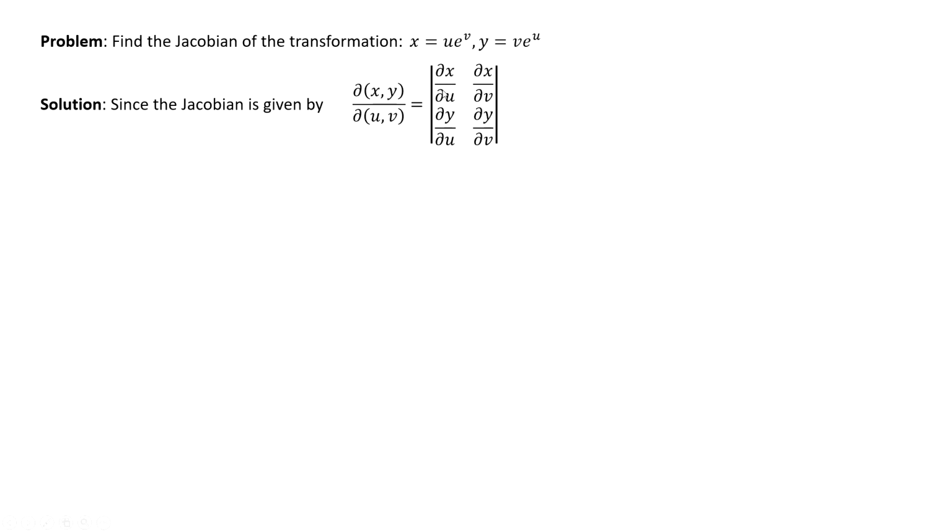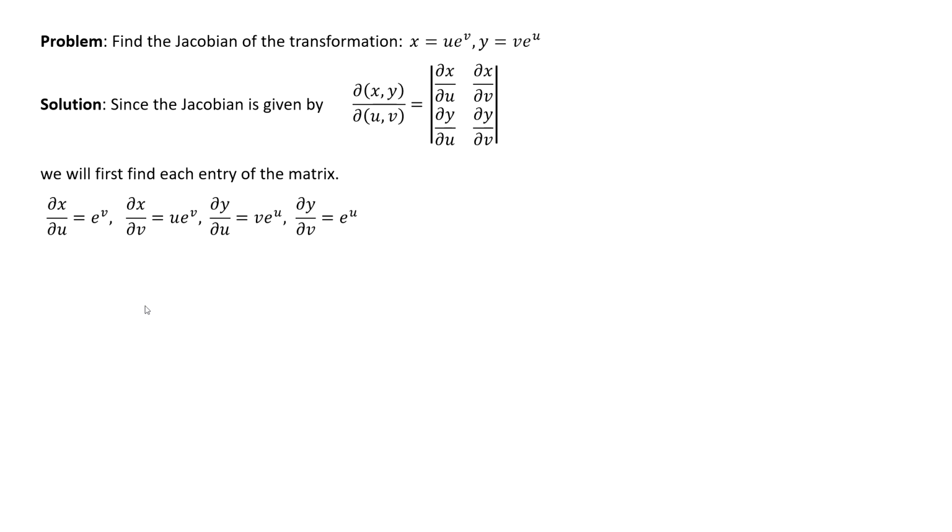So partial x with respect to u is just e to the v. Partial x with respect to v, treat u as a constant. So u times the derivative of e to the v is just e to the v. So partial x with respect to v turns out to be u e to the v. Similarly, we'll find each entry of partial y with respect to u and v.